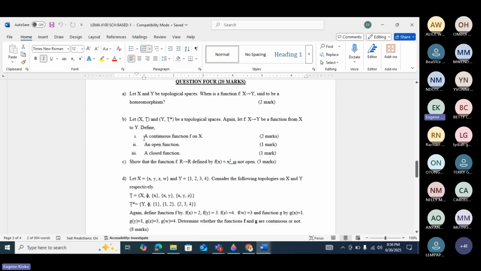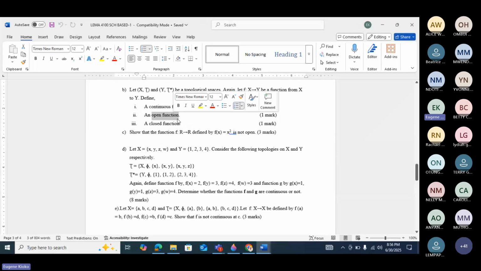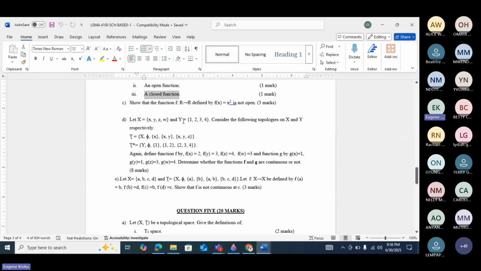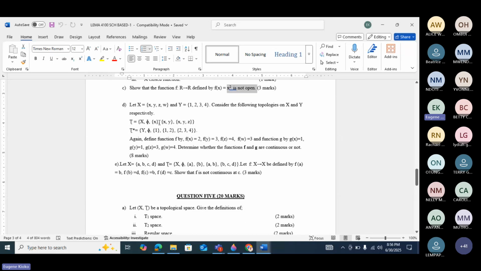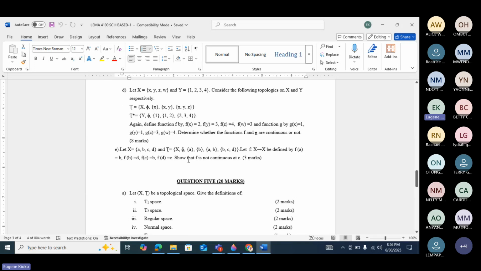Homeomorphism. Tukasoma continuous. Tukasoma open. Tukasoma hii, is it open ikiwa squared or not. Last week tulisoma hii ya 8 marks, G na F. Continuity at point C. Sasa ile ya leo it was X, Y and Z. Sasa nimechange at point C you test.